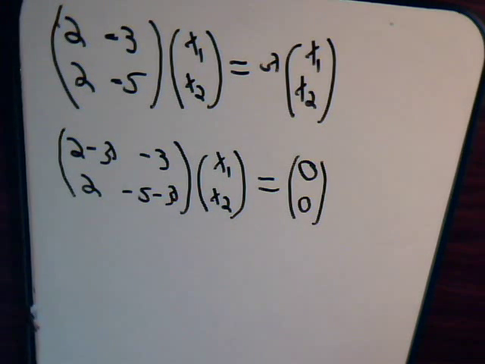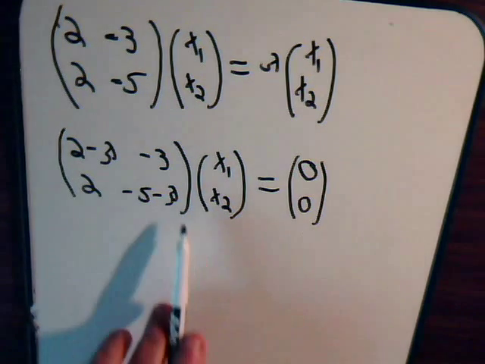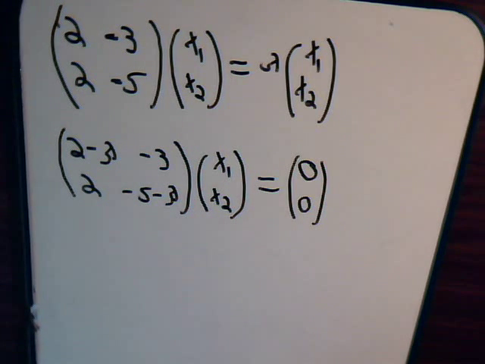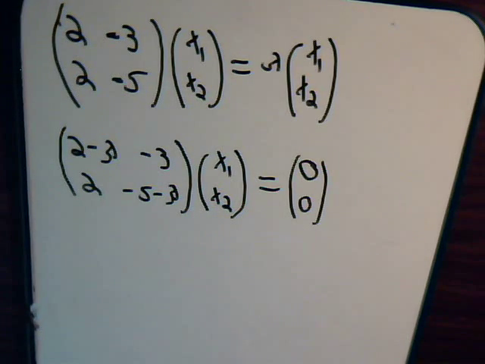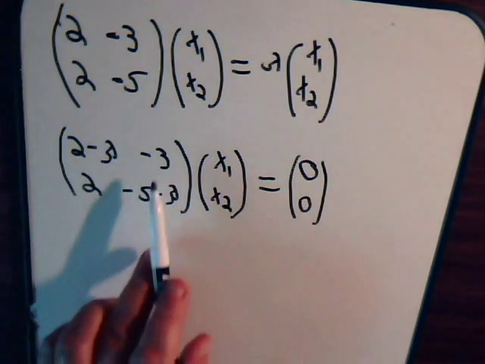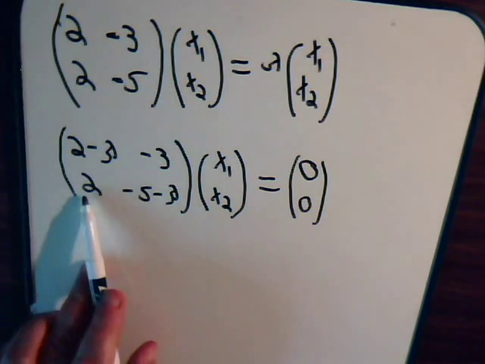this matrix. And as we discussed before, that means this matrix must be singular, therefore its determinant must be 0. So we can find the determinant, set it equal to 0, then solve for lambda. The determinant will be this times this minus this times this.